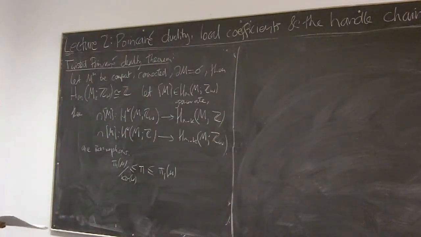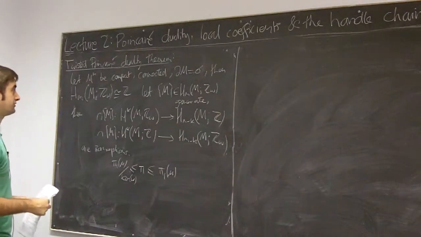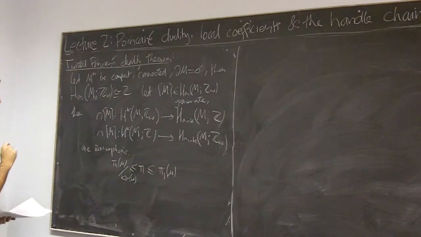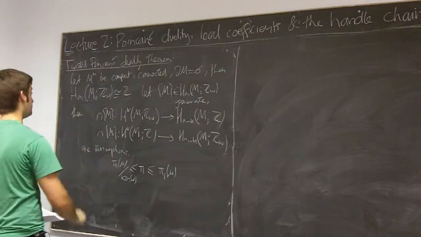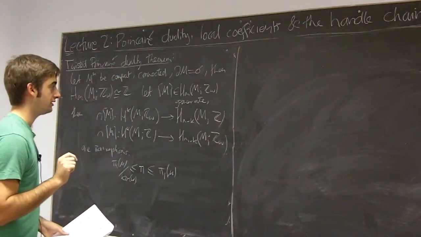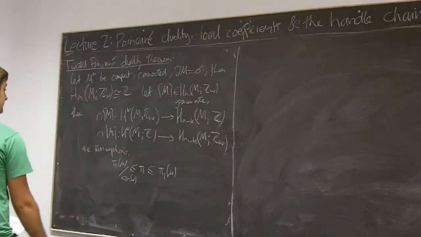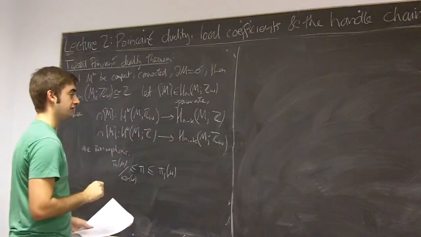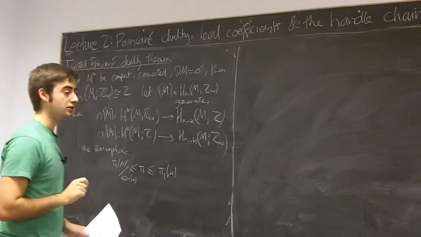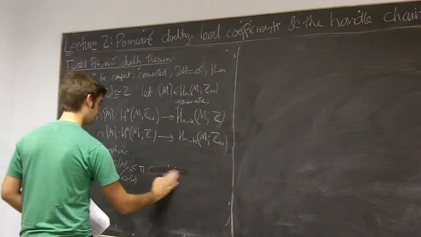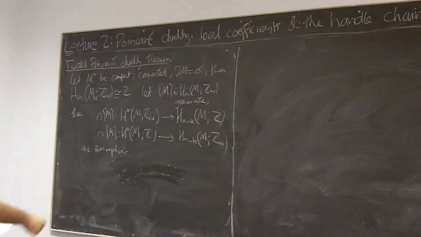So I've already written up on the board the statement of twisted Poincaré duality, and that says that if you've got a compact connected boundaryless manifold, then this homology twisted by the Stiefel-Whitney class is in the top dimension isomorphic to Z. And if we take a generator, we can call this a twisted fundamental class, and then capping with this class gives an isomorphism from cohomology twisted by omega to untwisted homology, or from untwisted cohomology to twisted homology. And these are isomorphisms in each case.